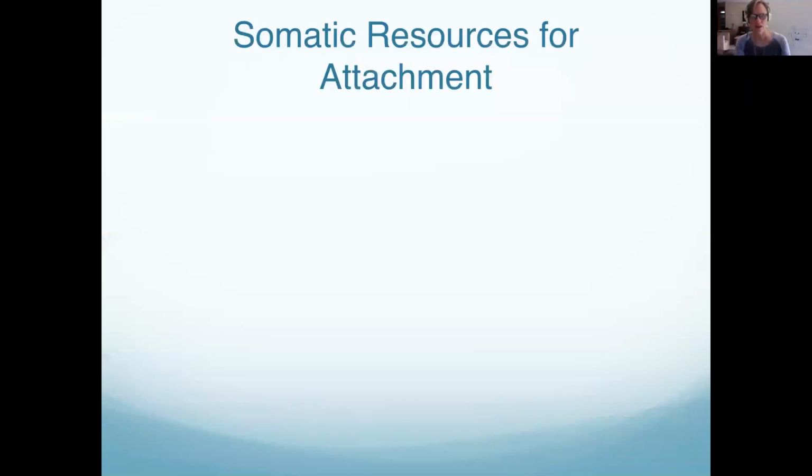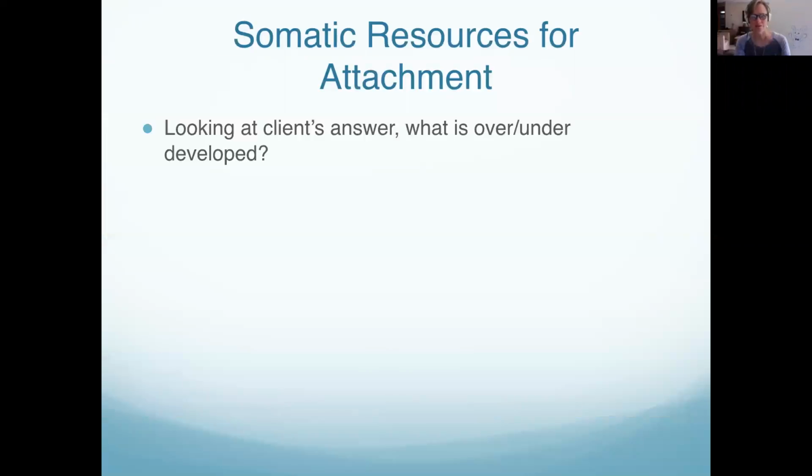Let's talk about the somatic resources with attachment. As we think about what resources people need, we first want to see what is their answer and what's over and underdeveloped. Like for her, what was overdeveloped was cutting off from emotion, which was very helpful.